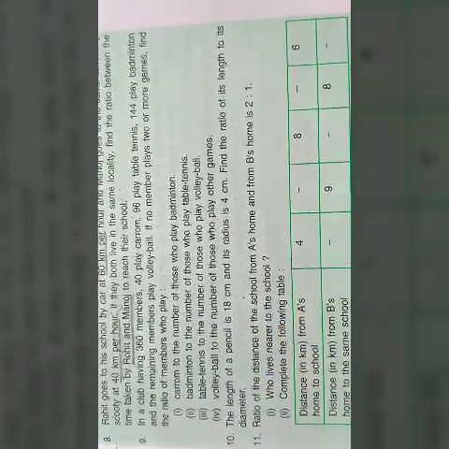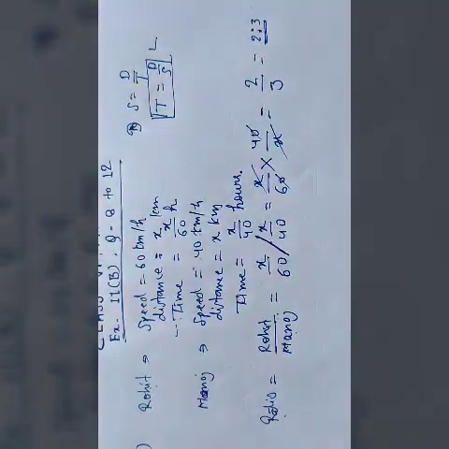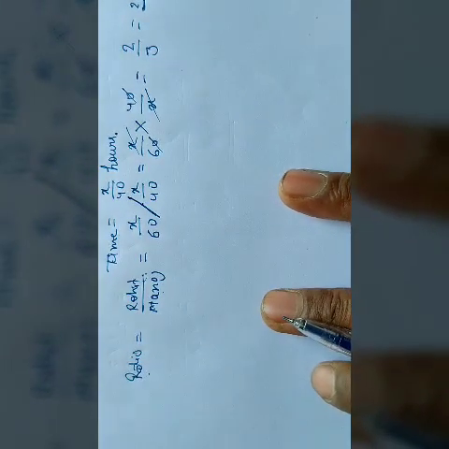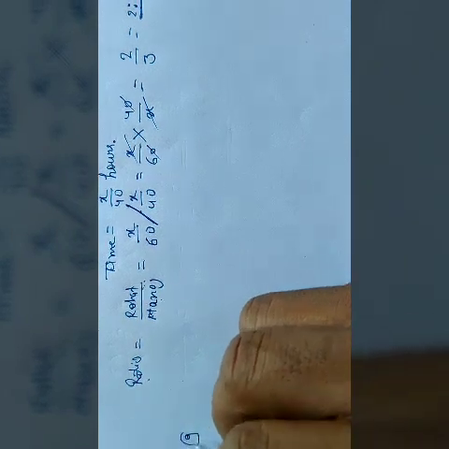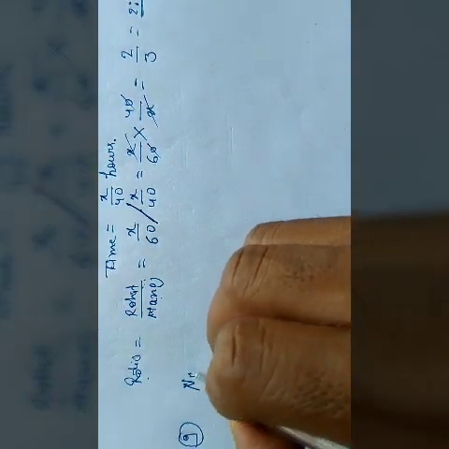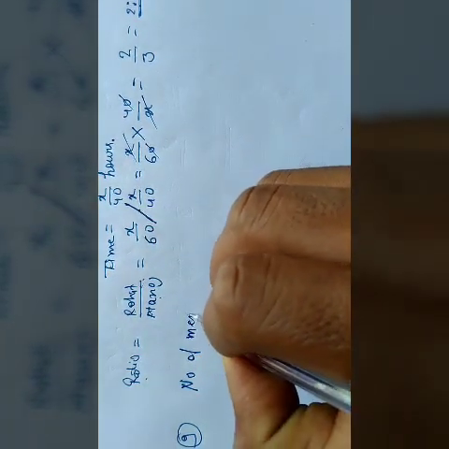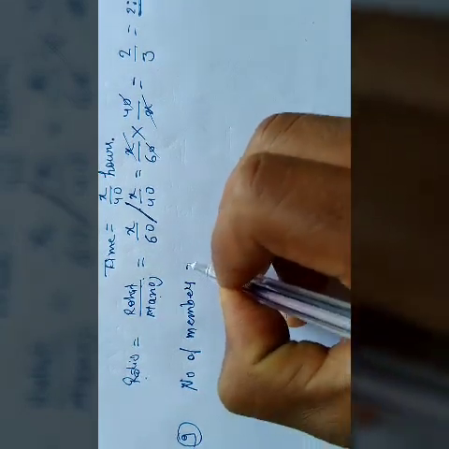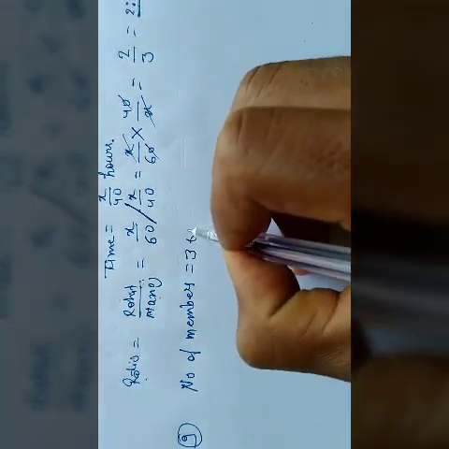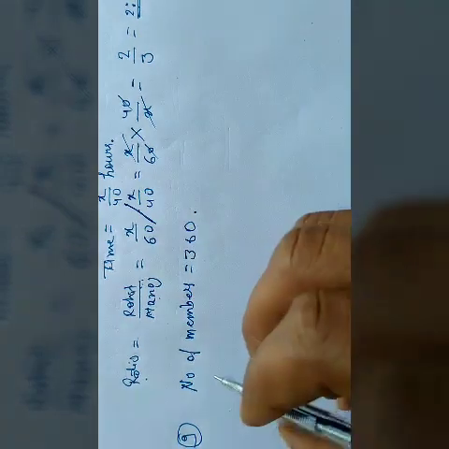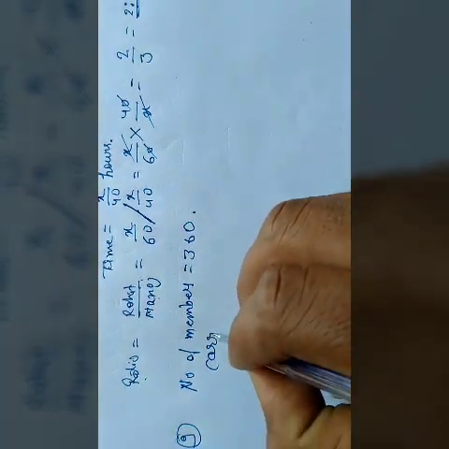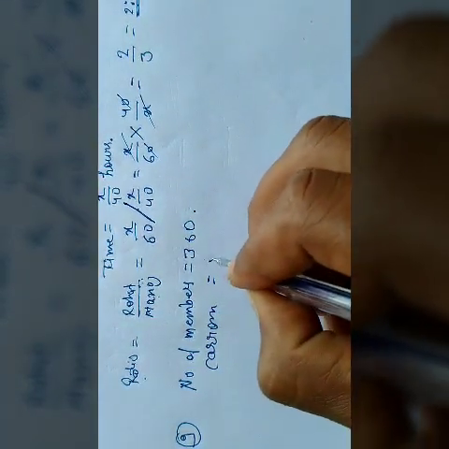First of all, distribute the number of members. Question number 9. Total number of members are 360. For carom, 40 students.